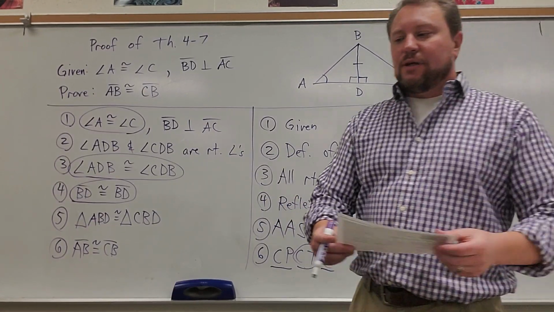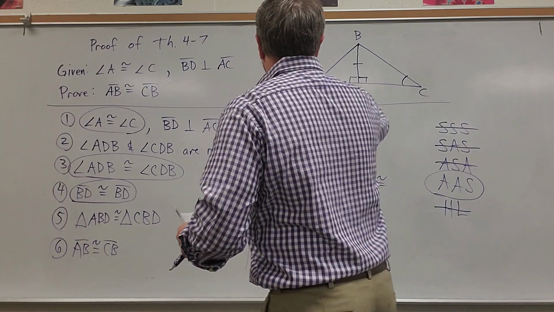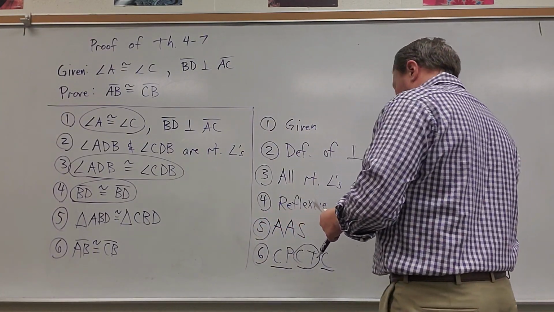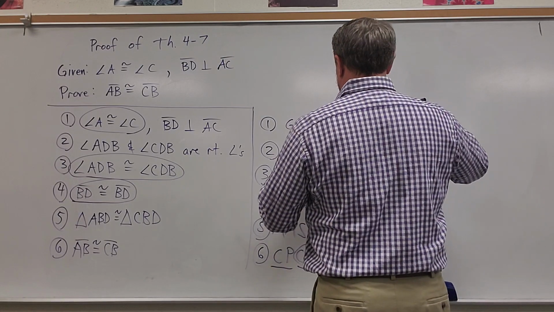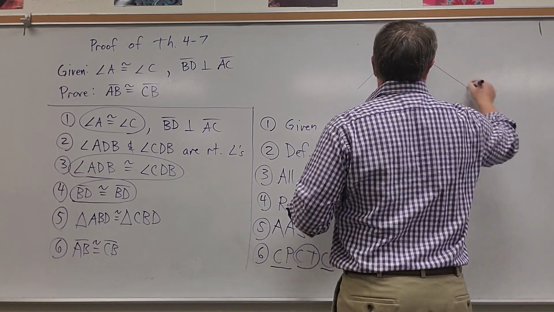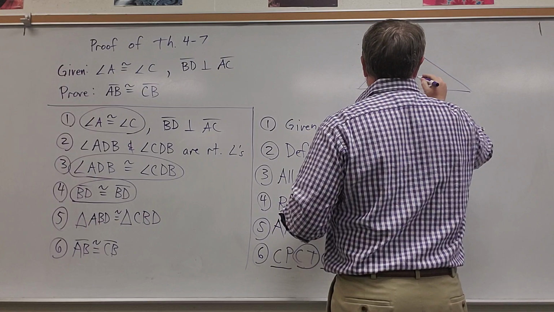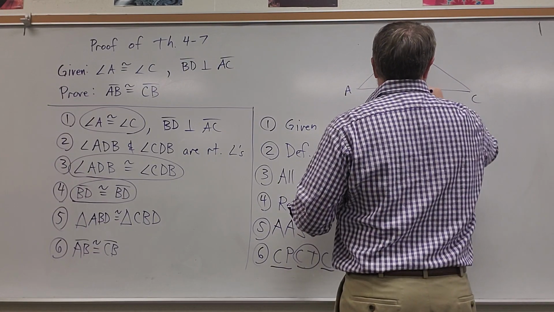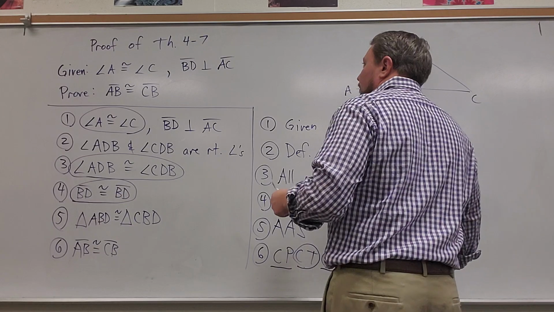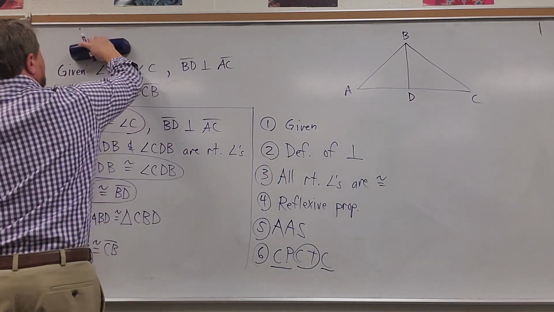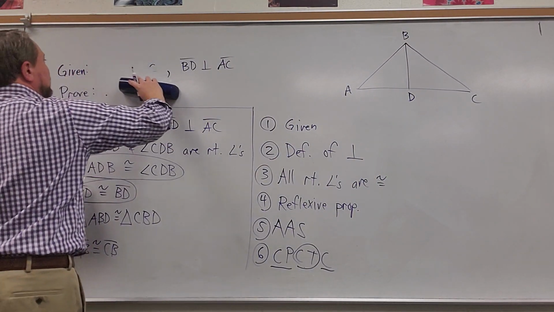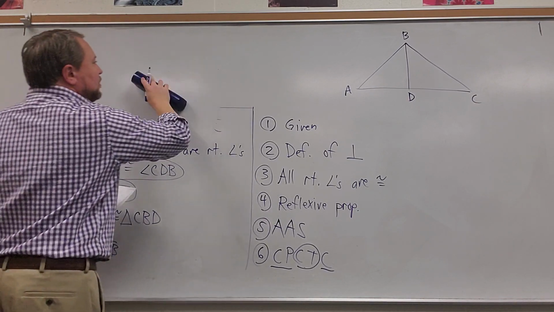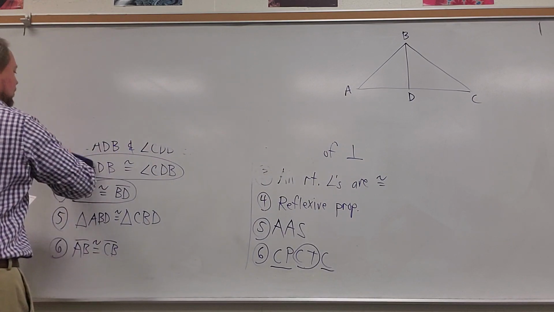So for our next one here, I'm going to give you a picture similar to the one we just had a little bit ago. This is not a proof of theorem 4.7 though, so you are welcome to use that theorem or any others that we've covered.